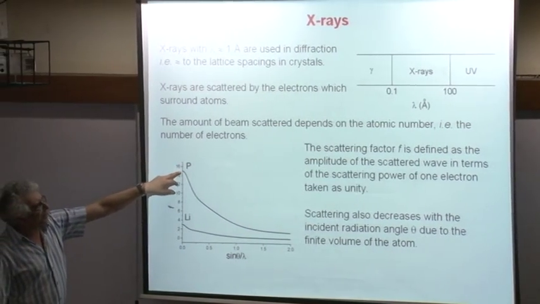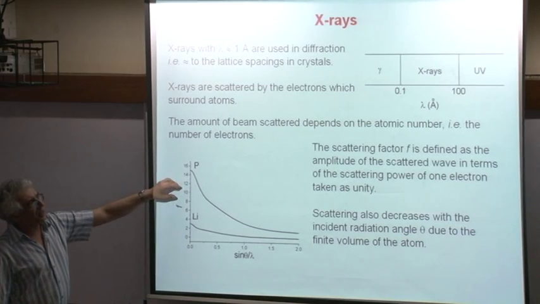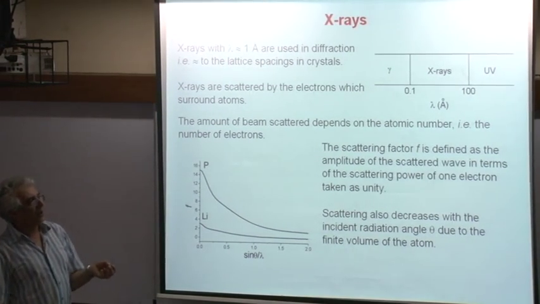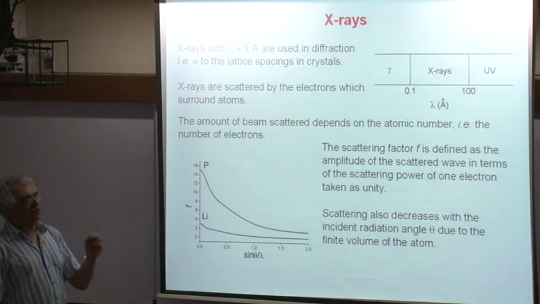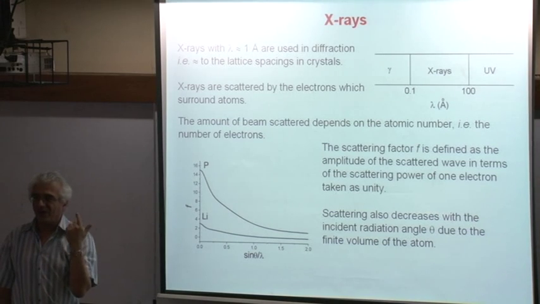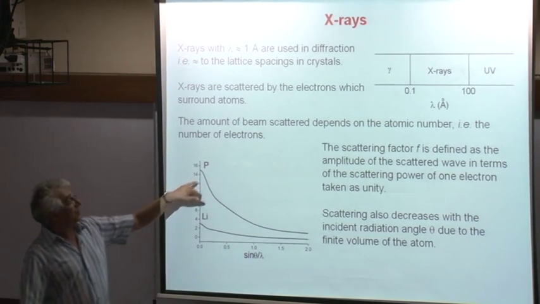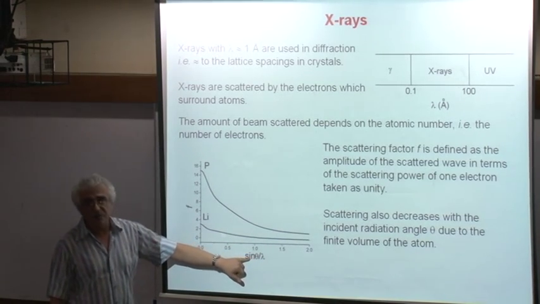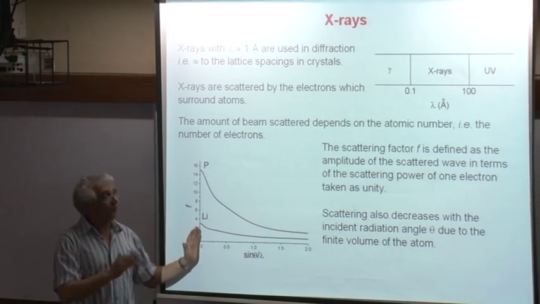This scattering factor F is defined as the amplitude of the scattered wave in terms of the scattering power of 1 electron. Well, don't worry too much about what that means. What it works out as is the number of electrons at sin theta over lambda equals 0, so that's at 0 angle.